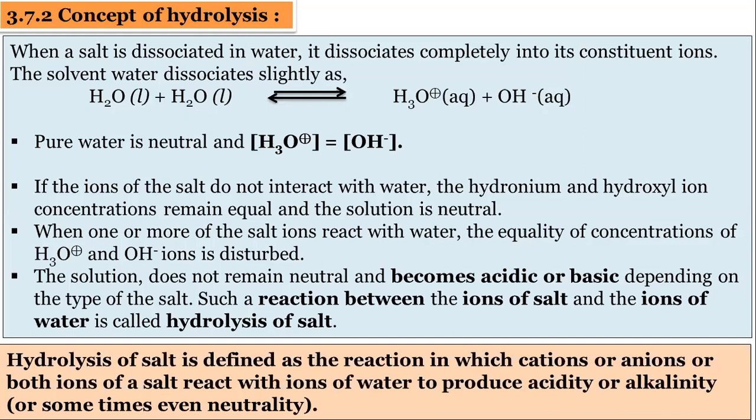But when the ions react with water, meaning when they react with H3O+ or OH- ions, then the concentrations will be disturbed. So the solution becomes acidic, basic or neutral depending upon the nature of the salt.